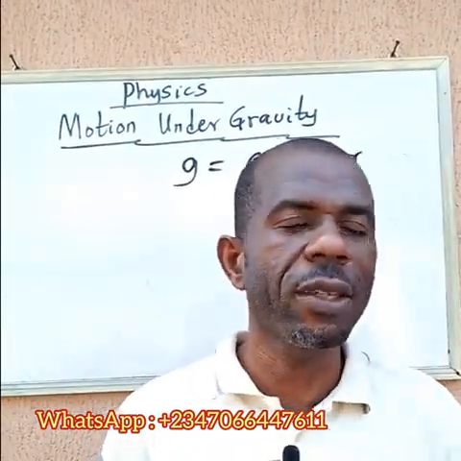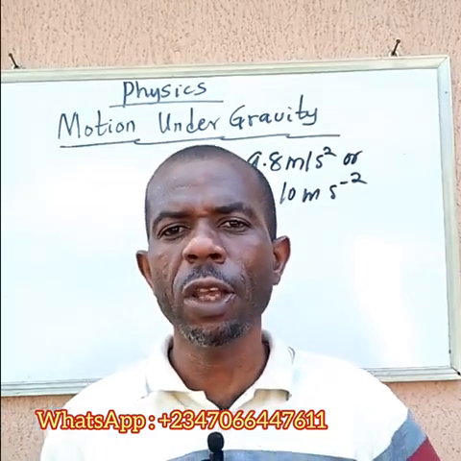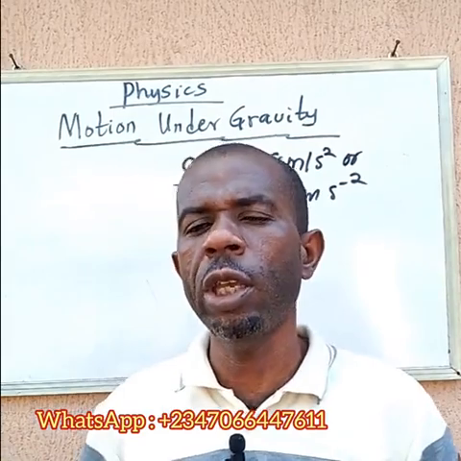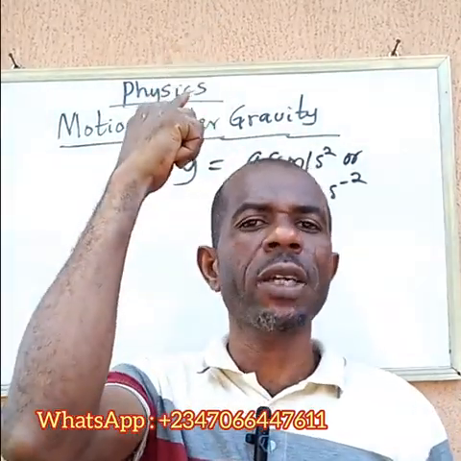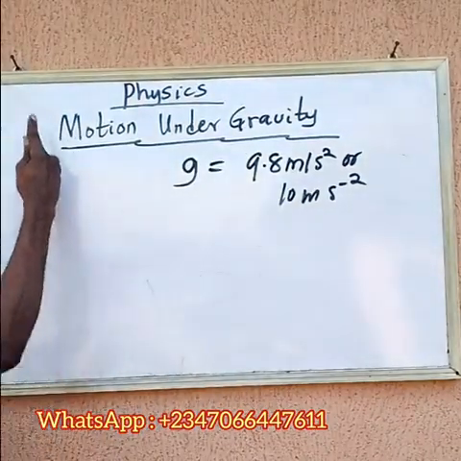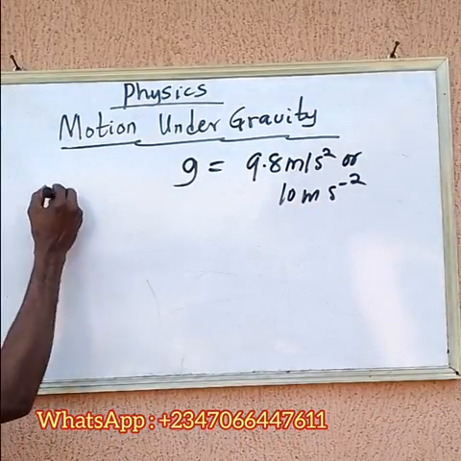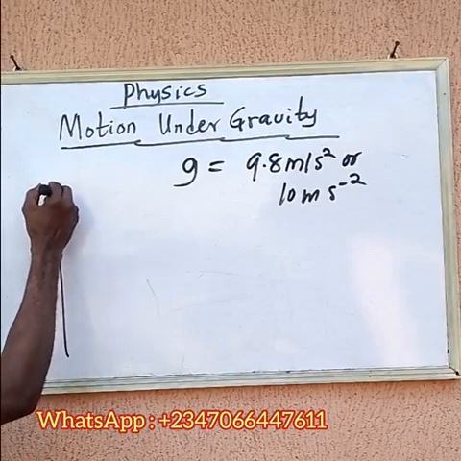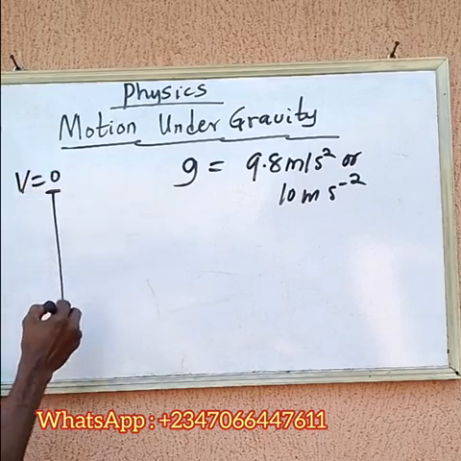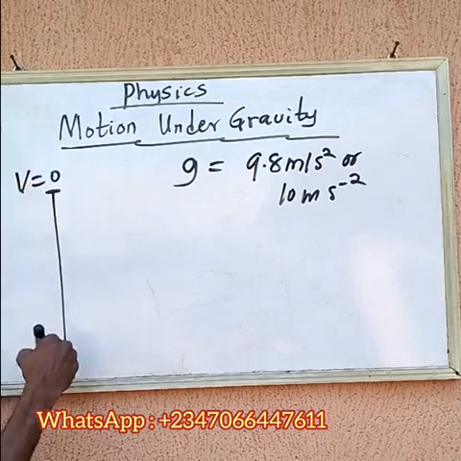Now, in dealing with this motion, let's consider two scenarios. The first case is when we launch an object vertically upward. When an object is projected vertically upward, and we get to this point, the final velocity v equals 0, because here we are moving upward.